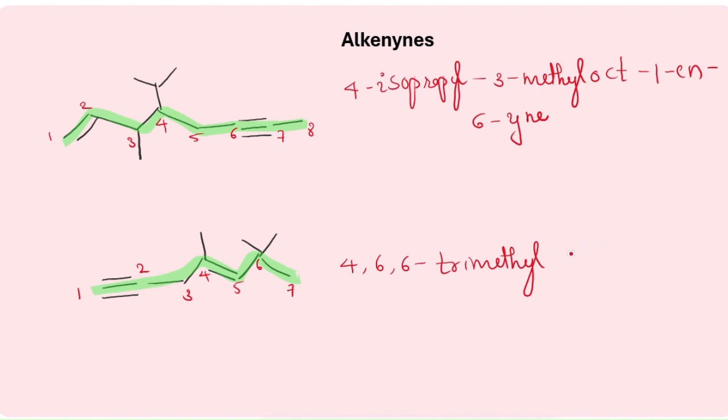In the longest chain there are 7 carbons, therefore hept, and ene always first, so 4-ene, and the triple bond is at the first position, so 1-yne. So this is how you name the alkenyne molecules.